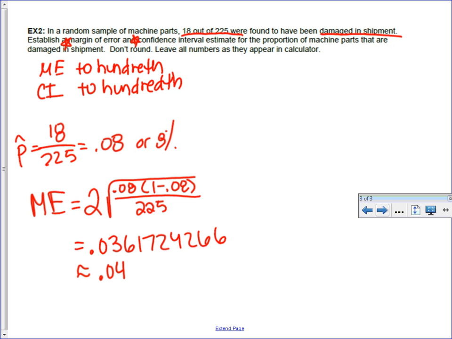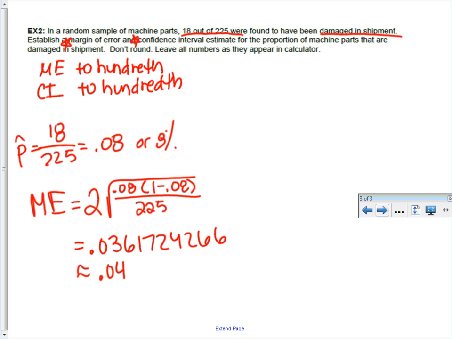It's best to be as accurate as possible, but for the sake of just learning the concept, it's okay for now. So margin of error is 0.04. Remember, that means about 4%, so about 4% within the sample proportion. That's kind of the range in percentage of machine parts that are damaged in shipment.